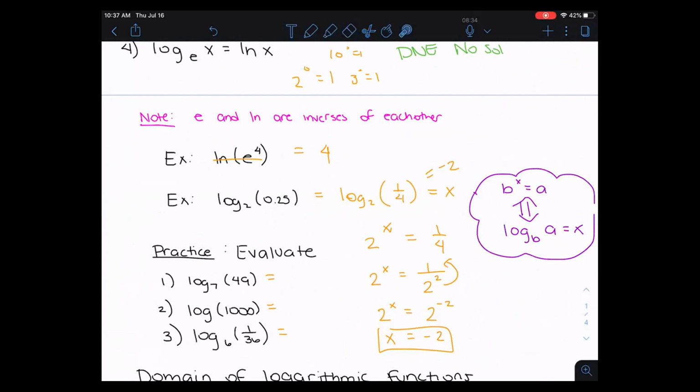So if you guys need to, you guys can just set this equal to x and then rewrite it in this form. So rewrite it from logarithmic form back to exponential form.